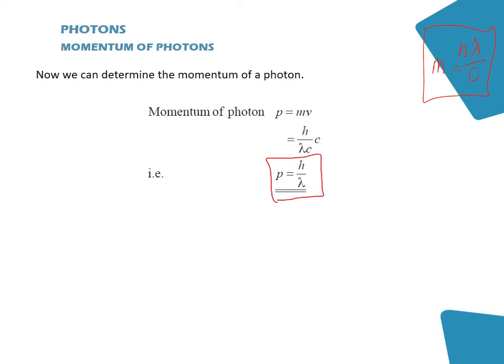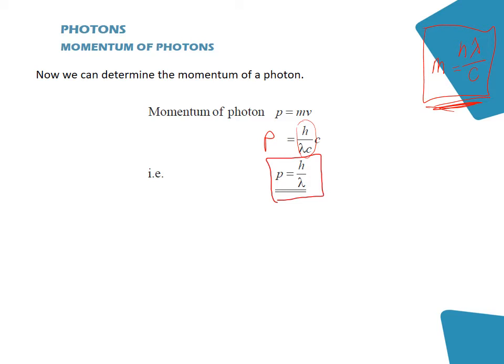Okay, so it was important to get m on its own, as you see from the previous equation up here, because we know our conventional understanding of momentum is p equals mv. So if we substitute our new formula for m into our momentum equation, we have p equals what we had for m, and then v, when we're talking about light, is always c, the speed of light.